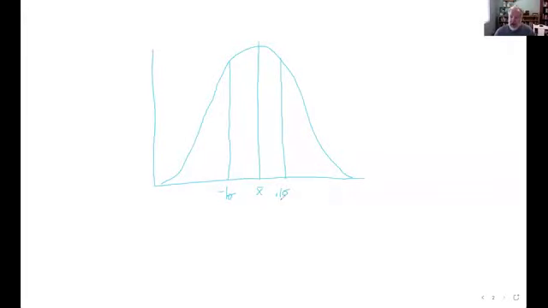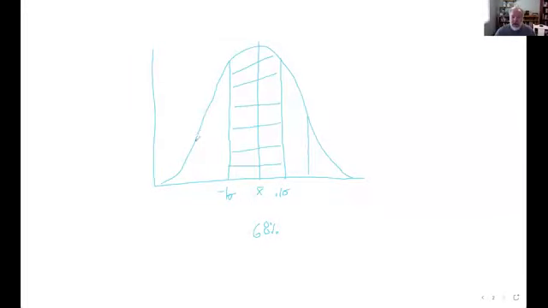And what they calculated is under a normal bell-shaped curve, plus or minus 1 standard deviation from the mean is approximately 68% of the curve. Okay? Do you remember that from undergrad or AP math?